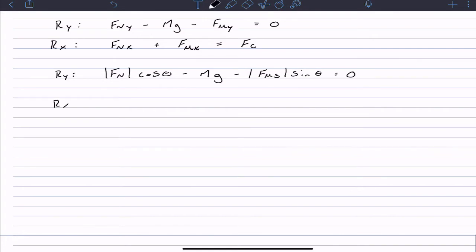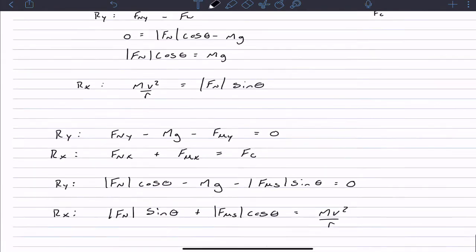Okay, and then the x direction, we have Fn sine theta plus f mu s cosine theta is equal to, what was it? Centripetal force mv squared over r. Okay, just breaking these all out.